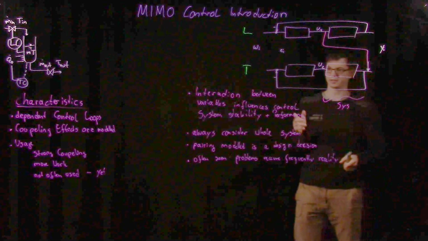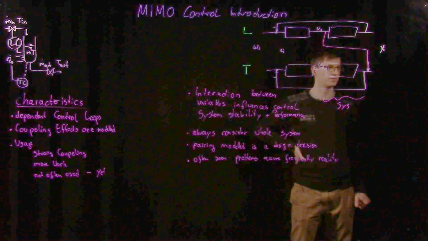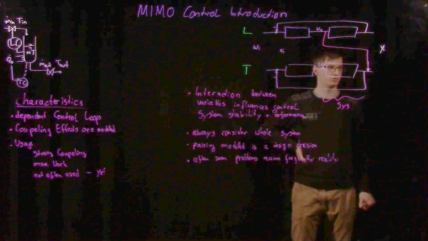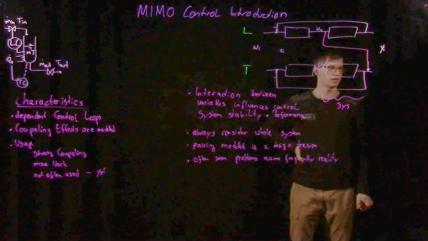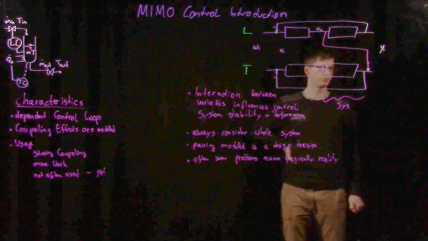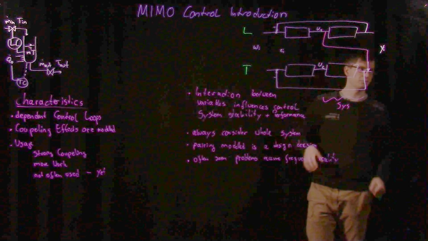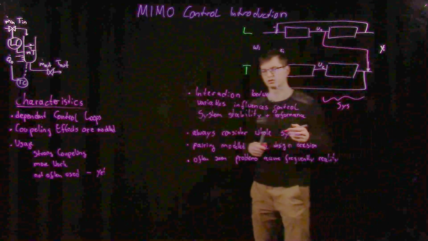So this is a kind of gap in reality. And multivariable control involves the objective of maintaining several control variables at independent set points.